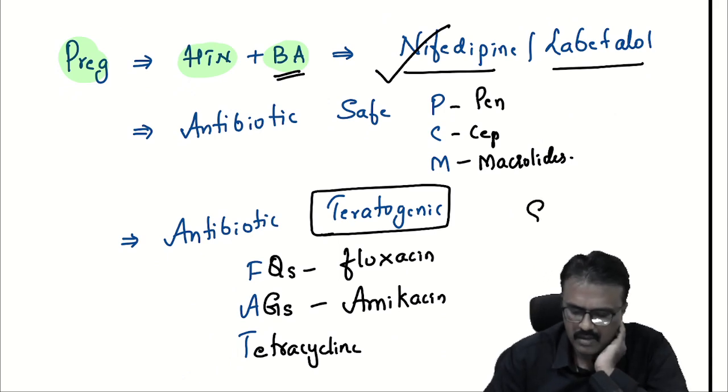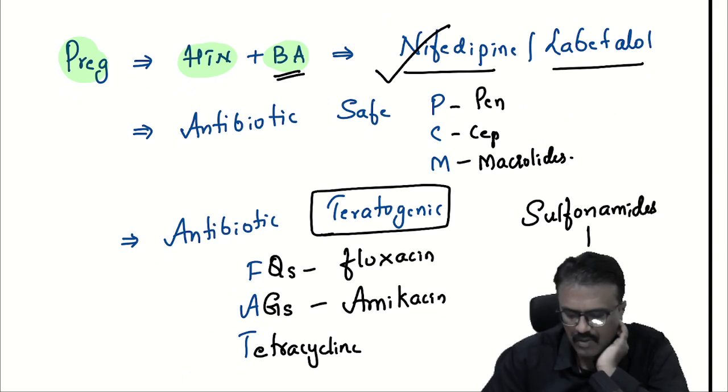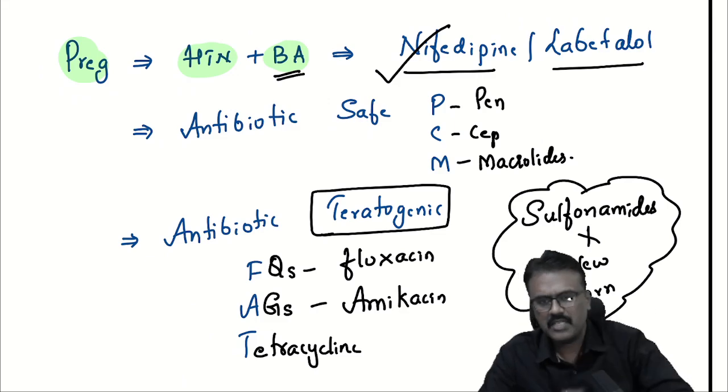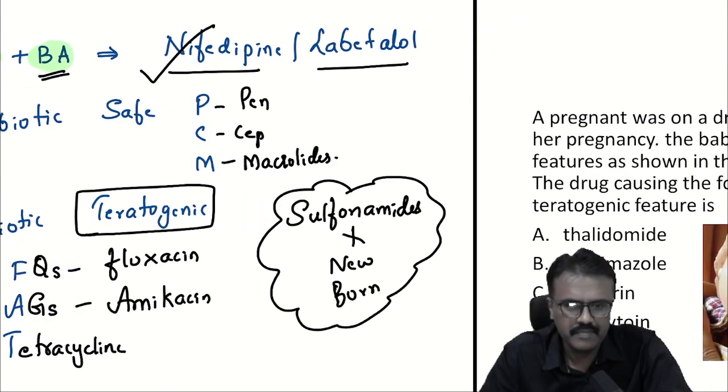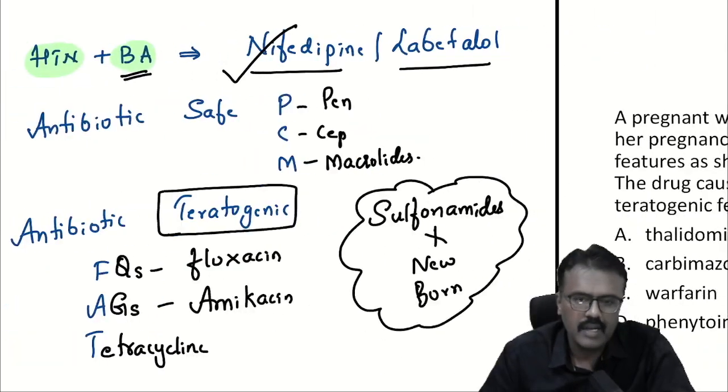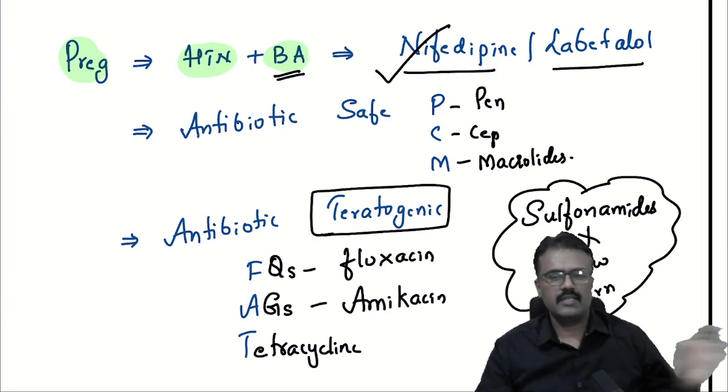Now another antibiotic I'll tell you is sulfonamide. Sulfonamides, we don't give in newborns, or in the last trimester of pregnancy. Why? Can anybody answer this? We'll be waiting for your answers.